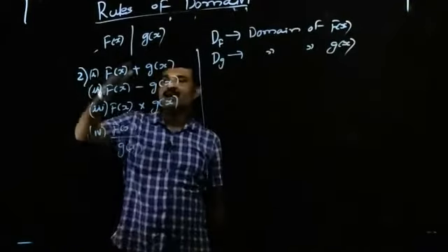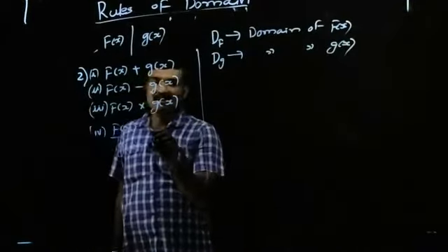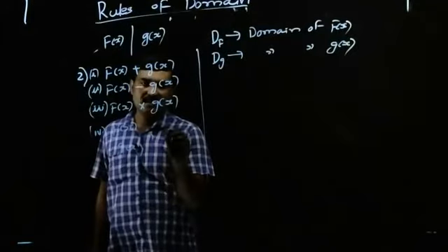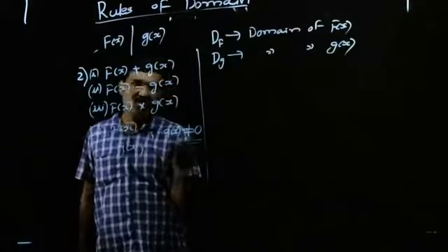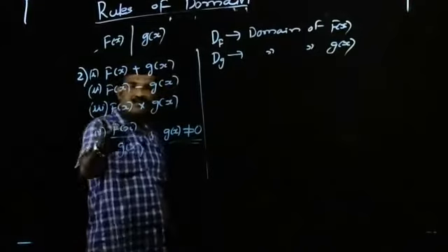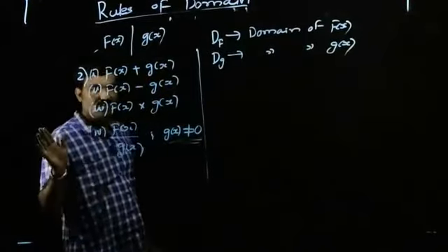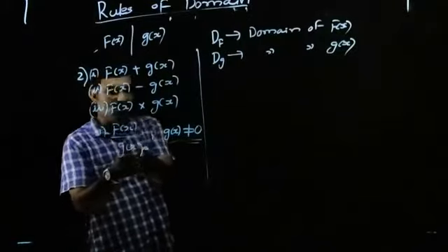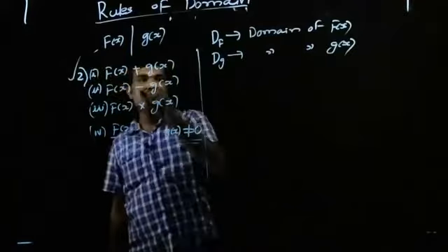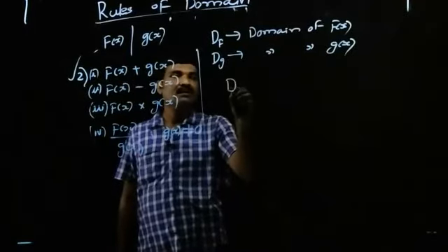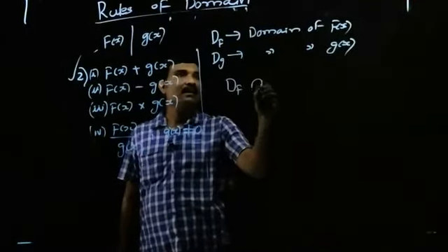Now, suppose we have this combination. In the fourth case, g of x is not equal to 0. Suppose the value of g of x is 0, the denominator becomes f of x by 0, that is not defined. In the fourth case, the value of g of x is not equal to 0. Here, the domain of this set is the intersection of Df and Dg.